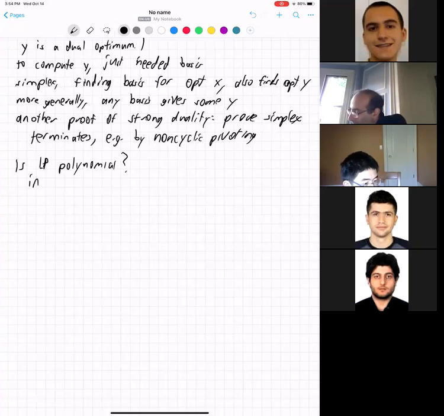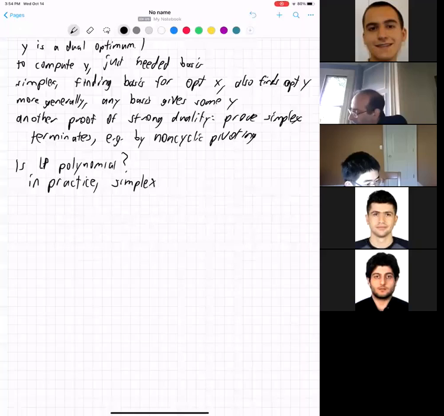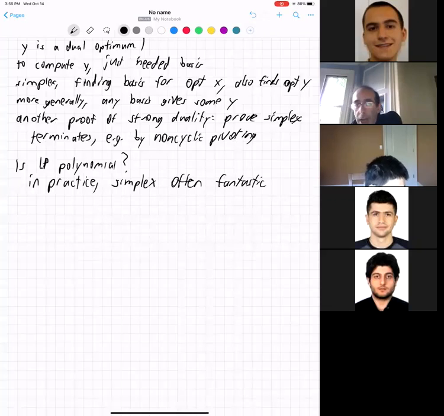So in practice, I should say, simplex is often fantastic. However, as we saw before, we can only prove exponential bounds, and we don't know if there's a lower bound. We're not sure if there's any simplex algorithm that works in polynomial time.